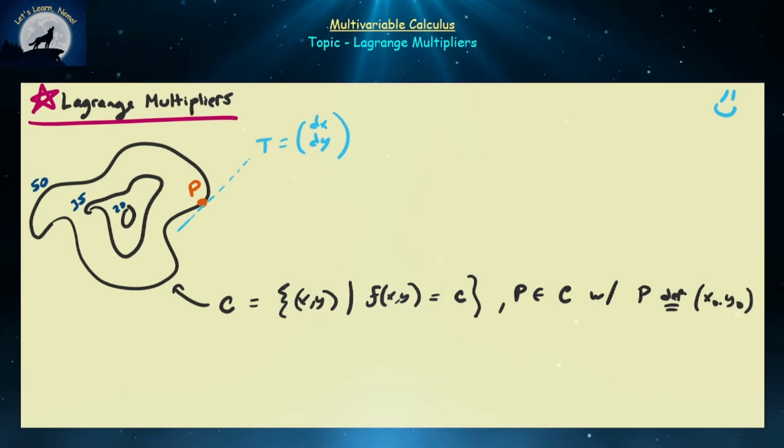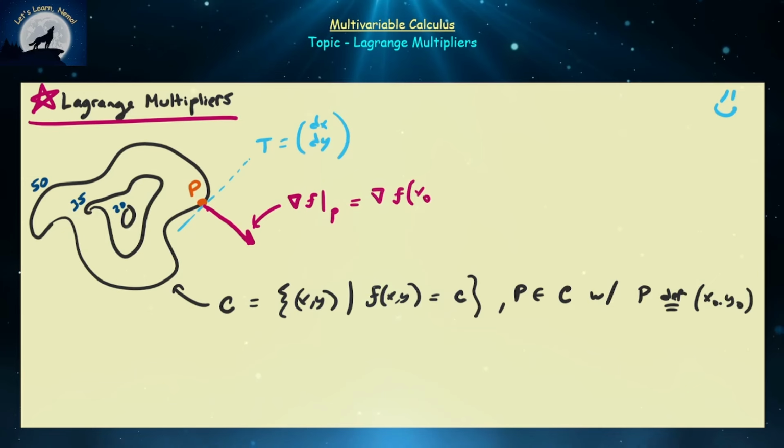So what is so special? If I were to take the gradient of function f at point P, what would I get? You should already know that the gradient of f at point P is going to be this vector here, also notated as the gradient of f at (x0, y0). Keep in mind that the gradient of f and the tangent vector along the contour at P are always orthogonal to one another.